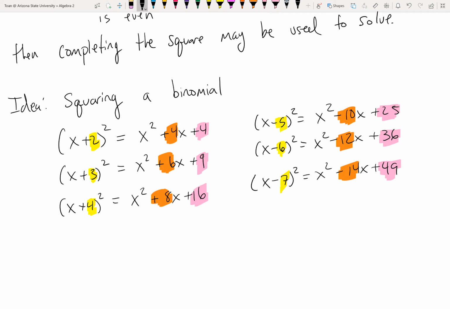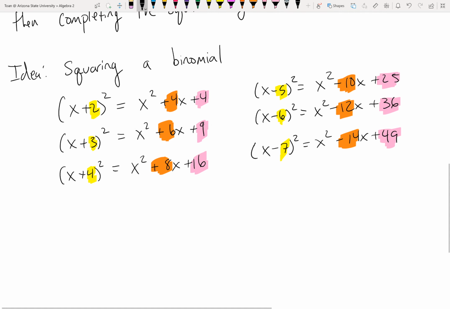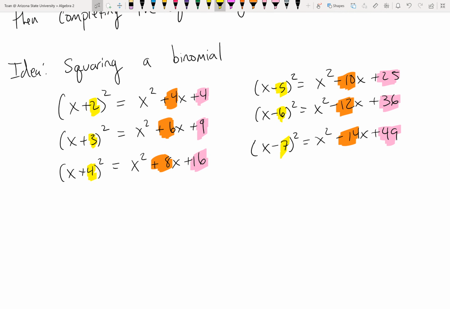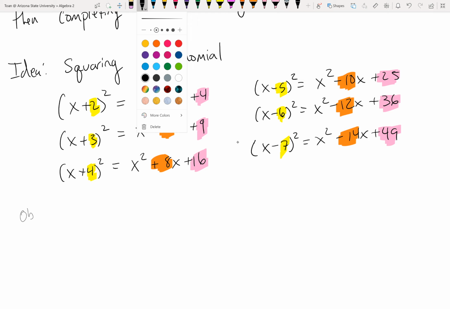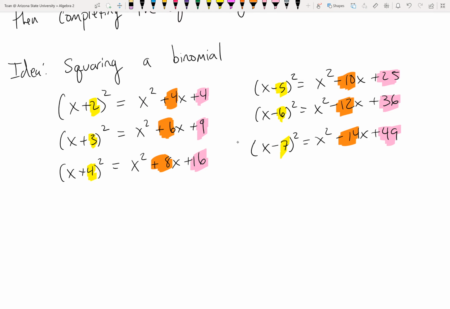And that's the relationship that we need to be able to see when it comes to squaring a binomial. So let me go ahead and write this all down using color code. Observations.